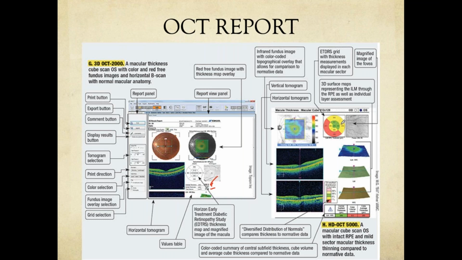But if I take a look at this image and the image over here, it shows that the areas around here are a little bit thickened. Fine. Now, when you see that these areas are thickened, there could be some pathologies hiding over here.